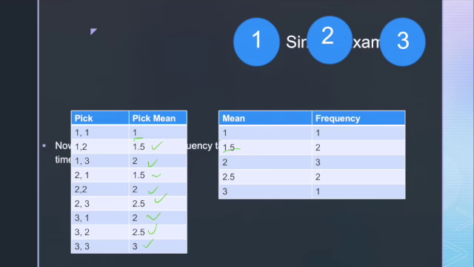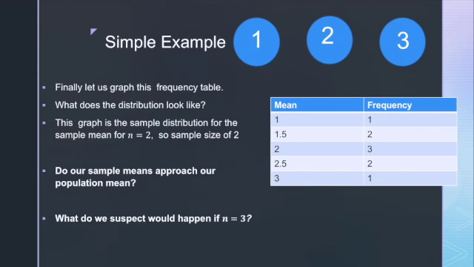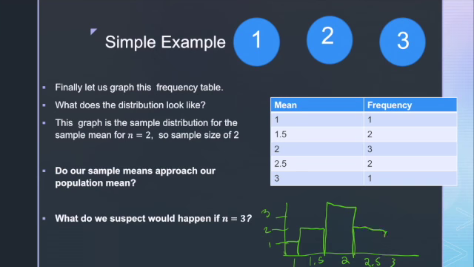If I graph this frequency table with a mean of 1, 1.5, 2, 2.5, 3, now that I've taken samples that are bigger in size, doesn't it appear that my graph has started to take on a normal curve?